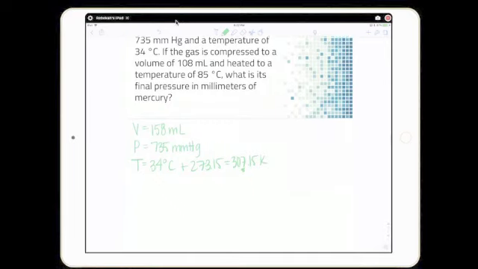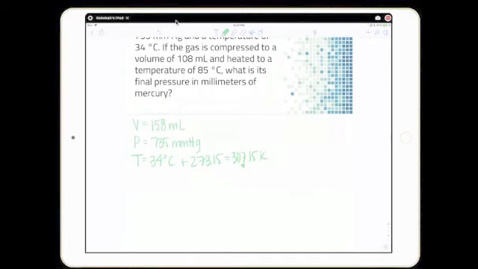Alright, now the gas is compressed to a volume. So this is a new volume. So if you have more than one volume, the old one becomes 1, the new one becomes 2. Everything that goes with the old volume is now also 1. Okay. This new volume is 108 milliliters.